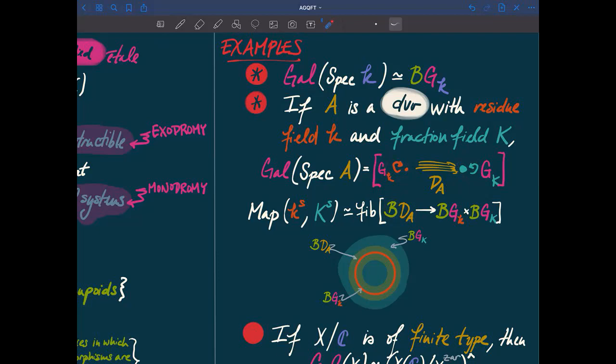And so the set of maps from a choice of separable closure here to a choice of separable closure here is the fiber of this map over the corresponding point. And so the picture of this is roughly like this.